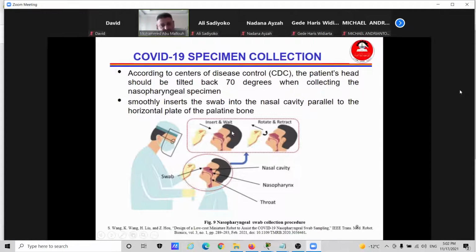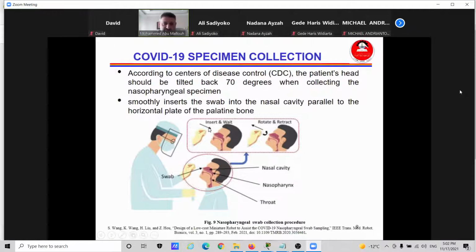This enables the doctor to insert the swab parallel to what is called the palatine bone, this bone. Doing so is important because the nasal cavity has very delicate tissues, and we don't want to damage or hurt the tissue in this area. They are very sensitive.